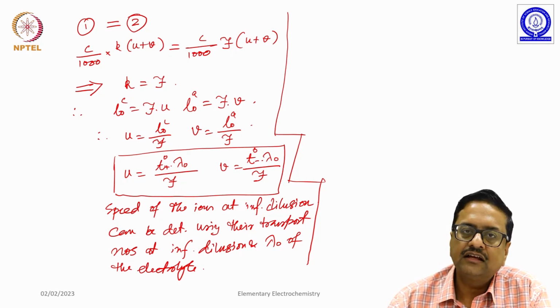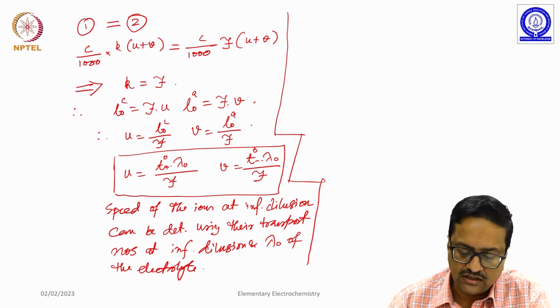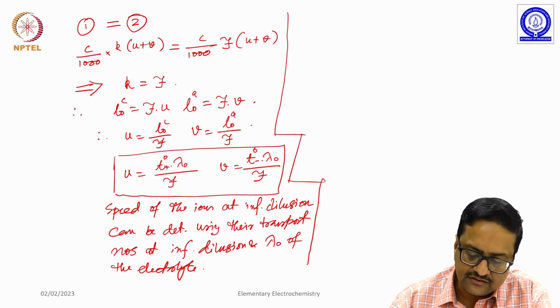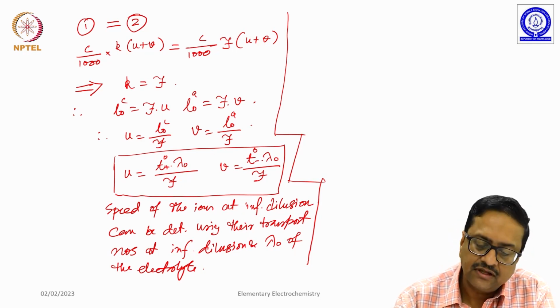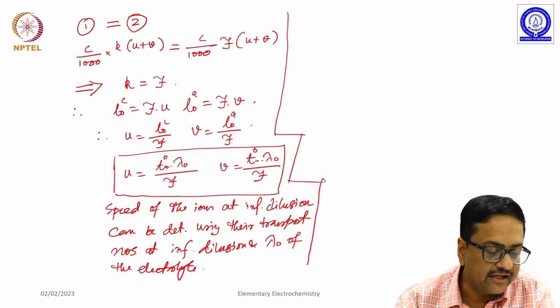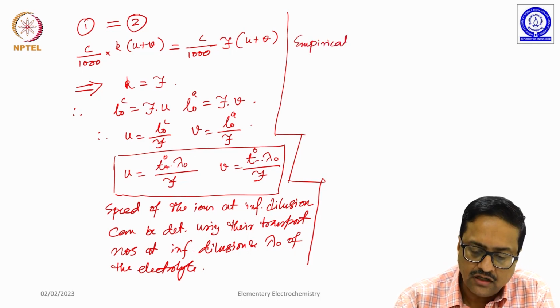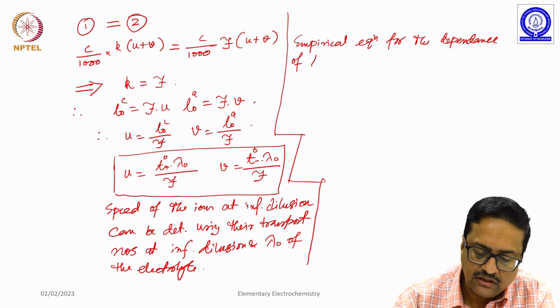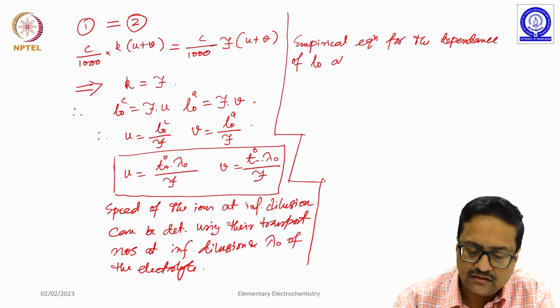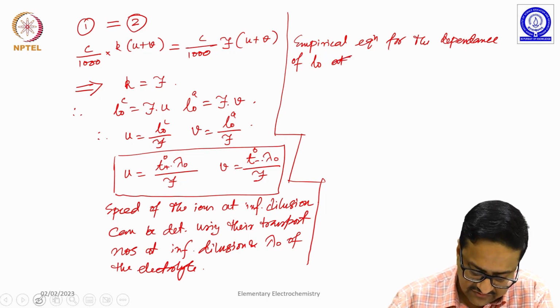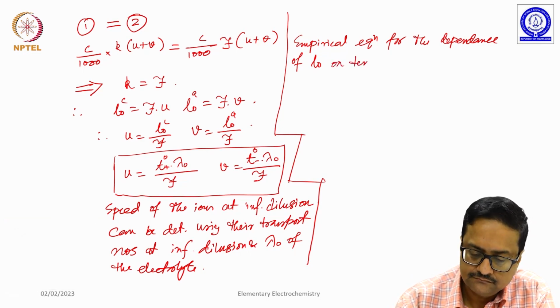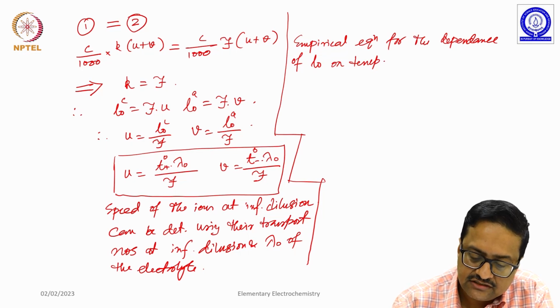Based on several experimental determinations of ion conductivities of various ions, we have arrived at an empirical equation for the dependence of L0 on different temperatures.